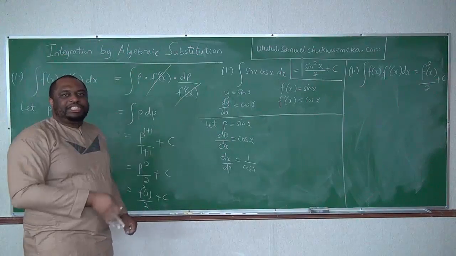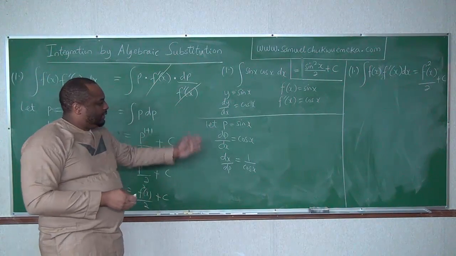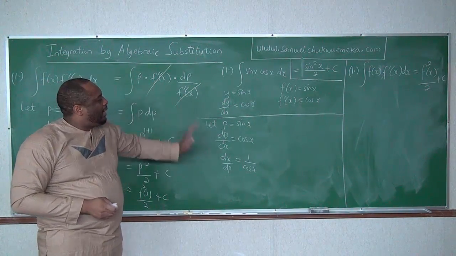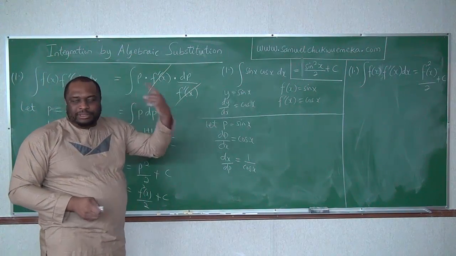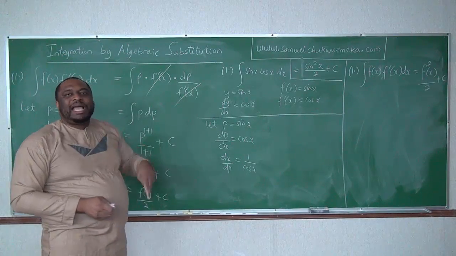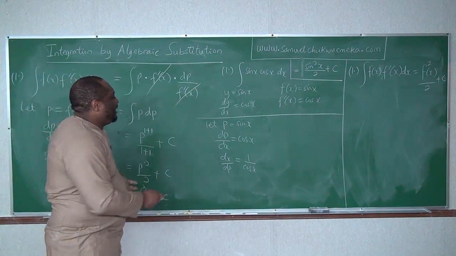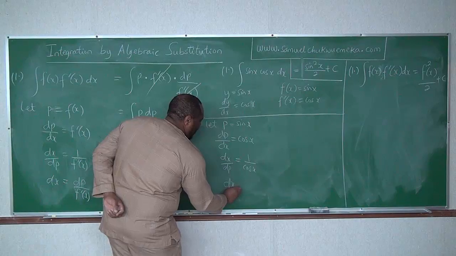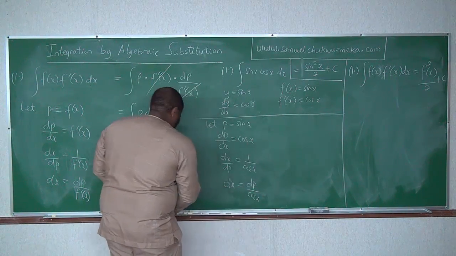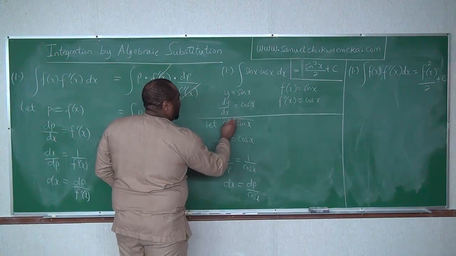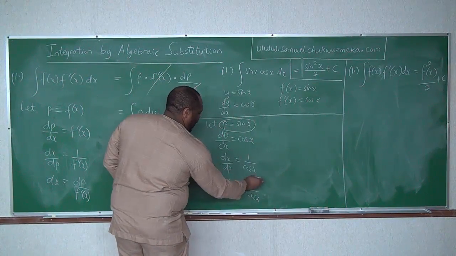Do you see each time I am following the format? I do a substitution, then I do the dp/dx, I do the dx/dp, then I do the dx. The dx now is dp over cos x. So technically, we need this here, and we need this.